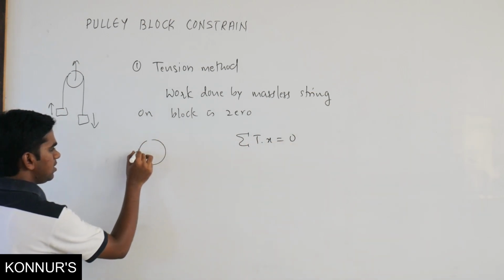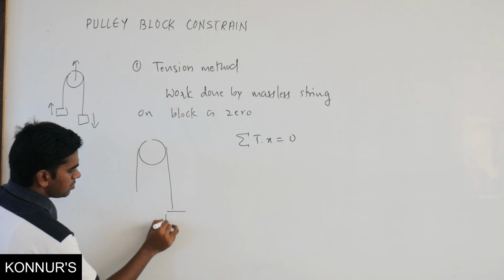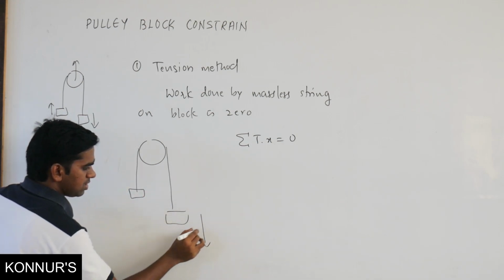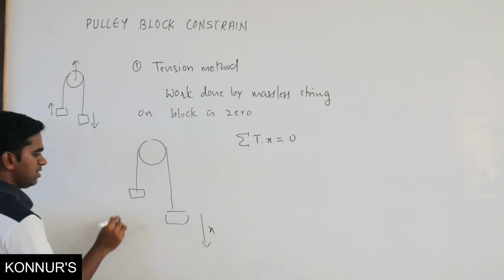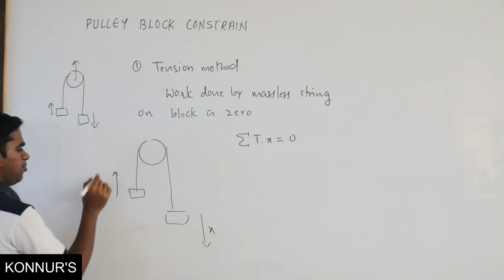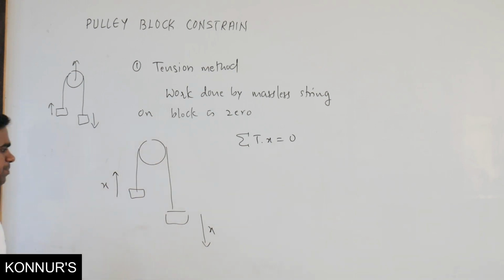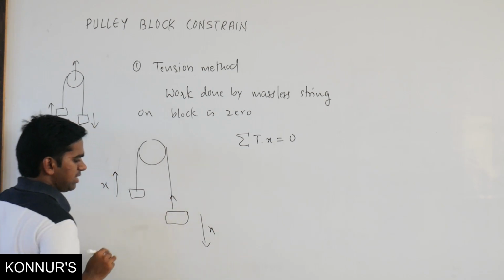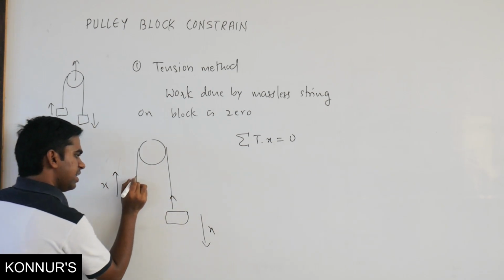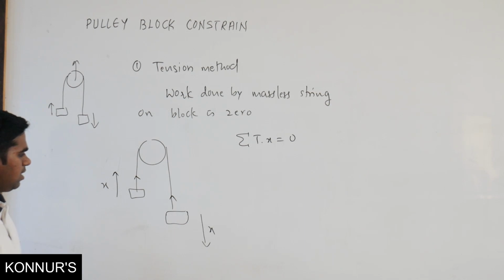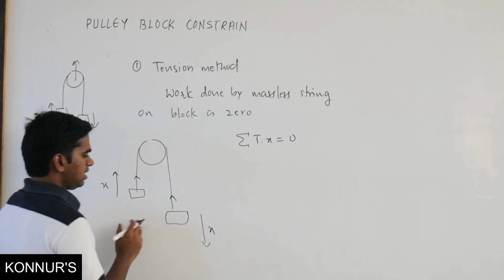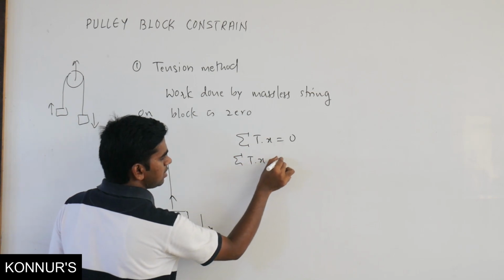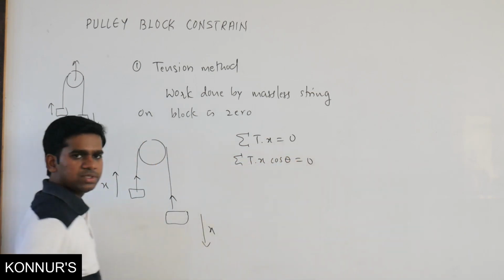Suppose your pulley is here and one mass is going here, another mass is moving here. If one mass moves by distance x in the downward direction, this will move in the upward direction by distance x only. With the help of what? Tension. What is the tension here in the upward direction? Tension is again in the upward direction only. Now, what is work done? T dot x means Tx cos theta equals 0.